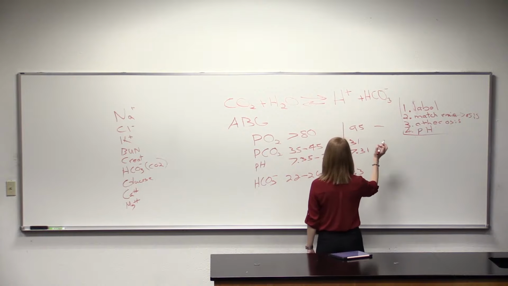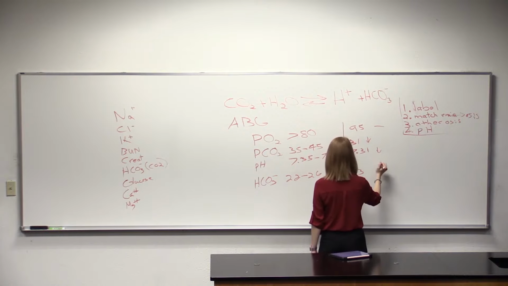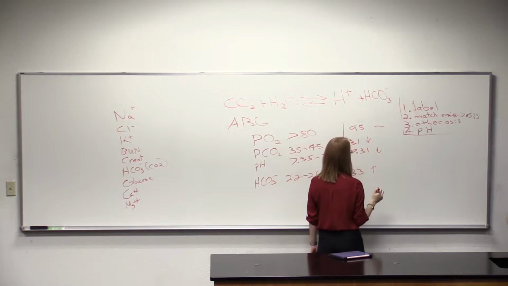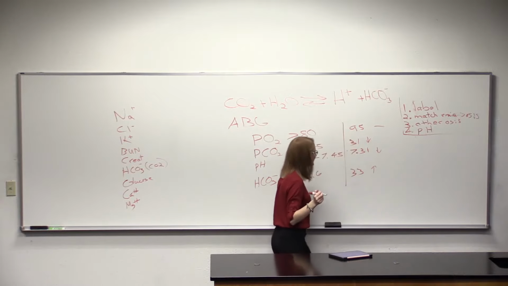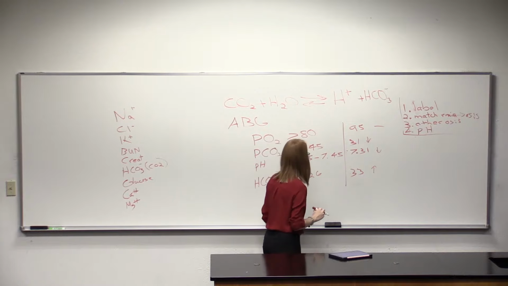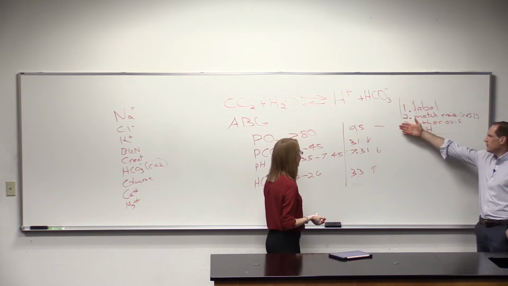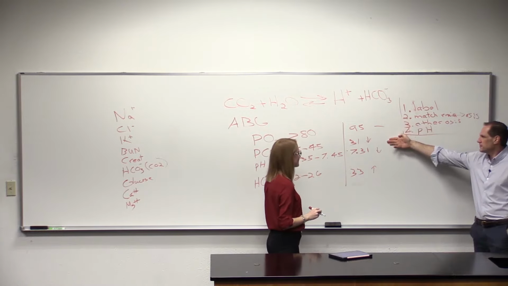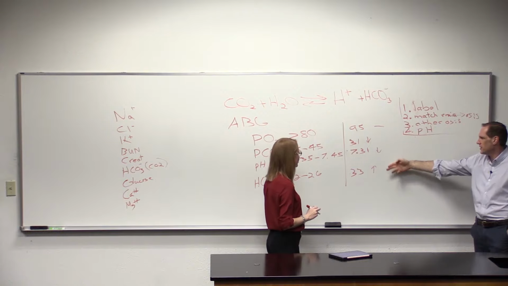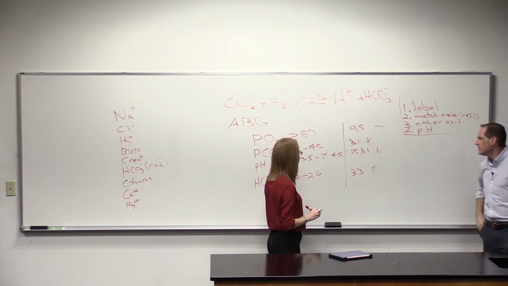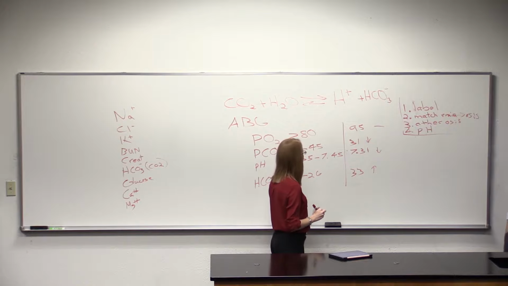Step number one. Normal, that's low. Okay, so we've labeled oxygen is normal, carbon dioxide is low, pH is low, and bicarb is high. So what do we call each of those things now?